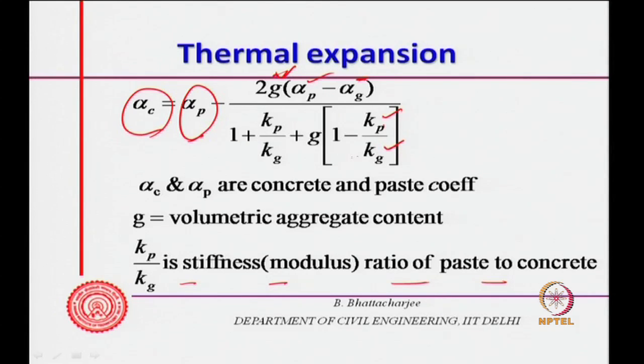So, this is also a function of this. These factors, the modulus of elasticity, volume fraction, and paste and aggregate expansion coefficients, all actually affect the coefficient of thermal expansion of concrete. So, this is an empirical sort of equation.